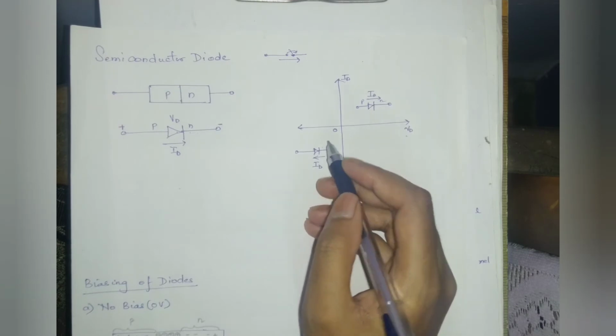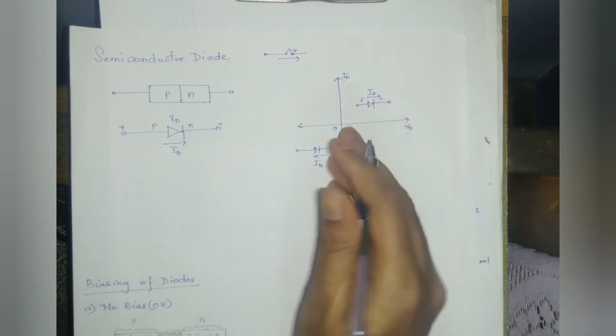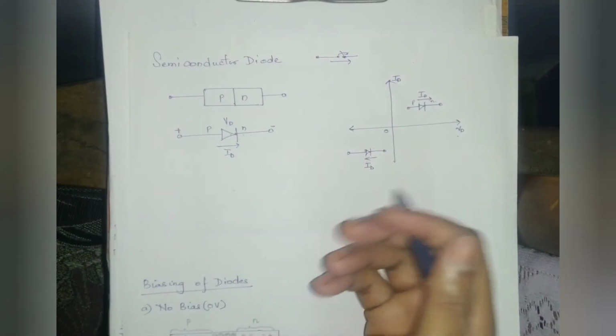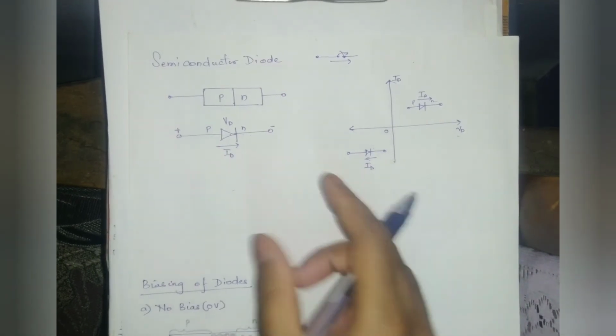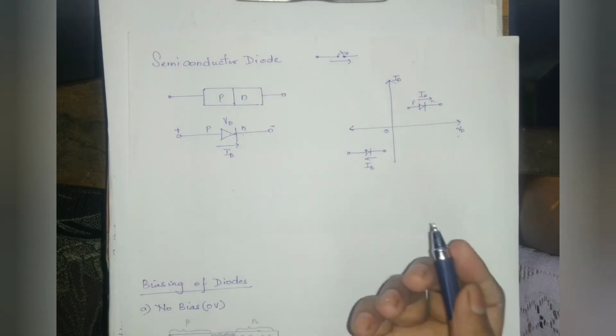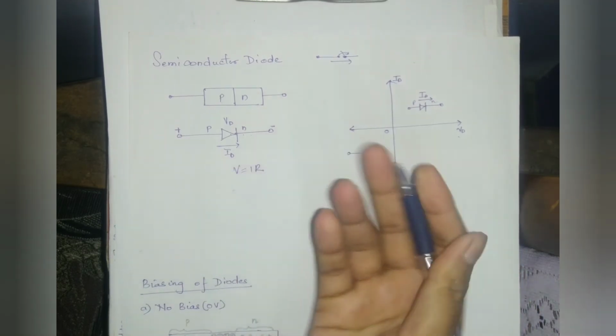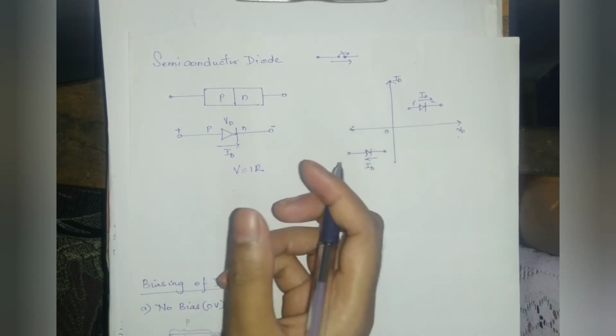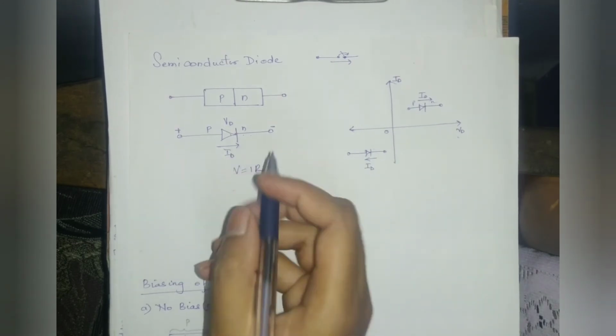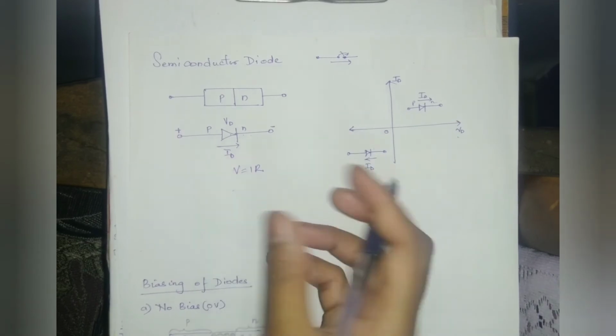So let's look at the biasing conditions. Before going to the biasing, let's derive some equations related to the diode forward resistance. From Ohm's law we know that V is equal to IR, right? In a similar way, we'll have a diode forward resistance. Since the current is flowing, there will be some resistance opposing the current in the reverse bias.